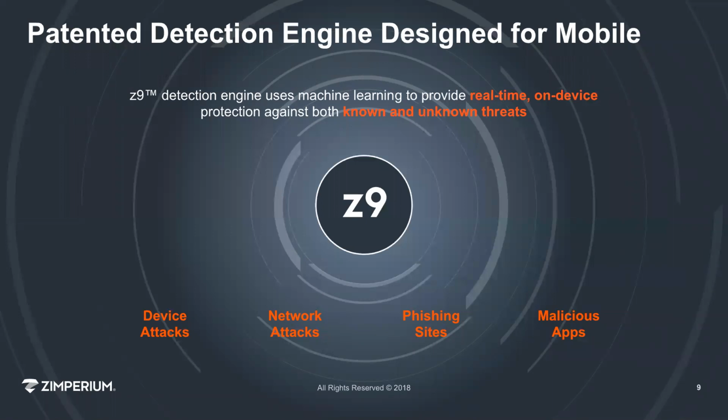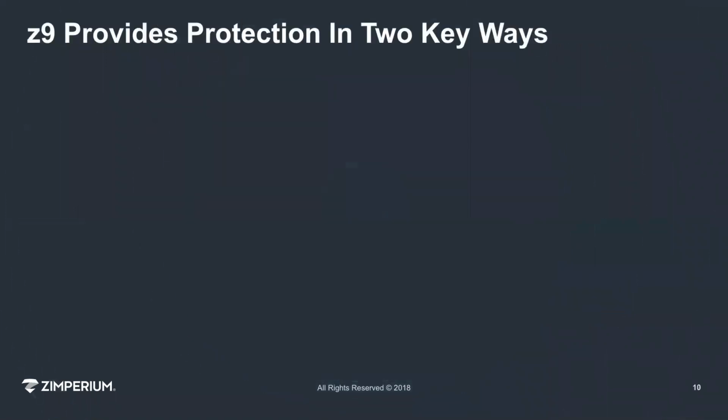Z9 is the Imperium technology that looks at the behavior of all these items, and it's looking for patterns. It's machine learning technology that can read a lot of data, formulate patterns, and then identify the device attacks, the network attacks, and the malicious apps. We're going to go into that in just a second.